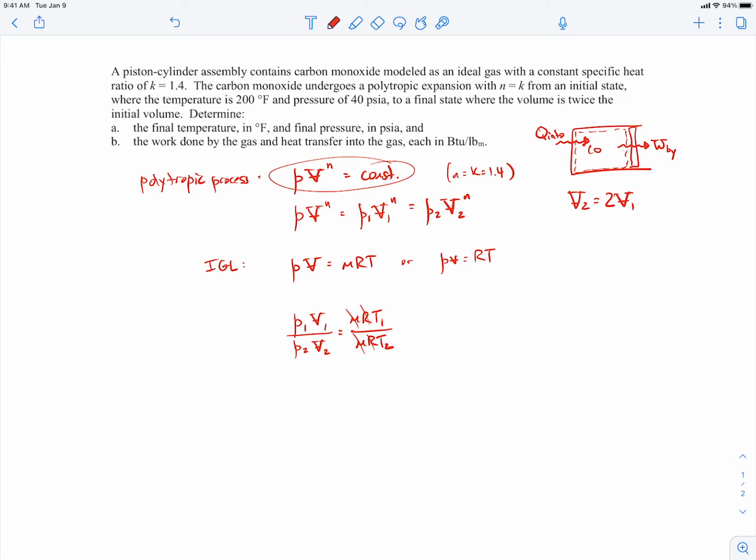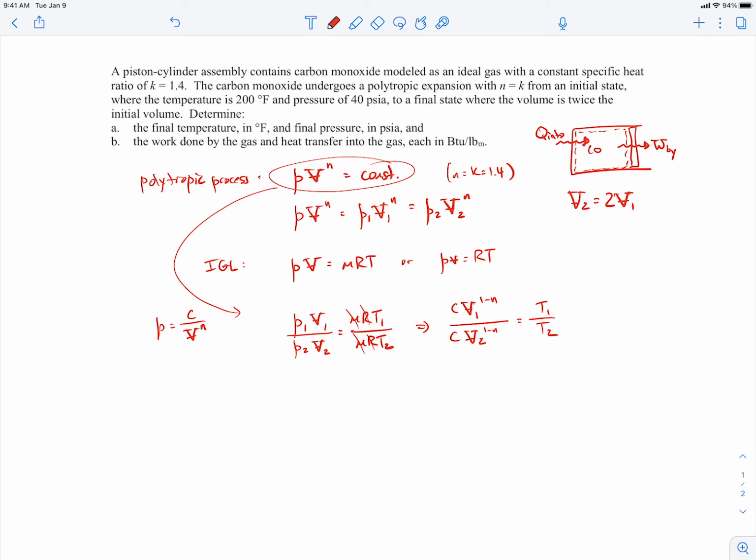So I can write here pressure is equal to this constant, let me just call it C for convenience, divided by V to the n, so that this expression will become, let's see, the constant times V1 to the 1 minus n over the constant times V2 to the 1 minus n is equal to T1 over T2.